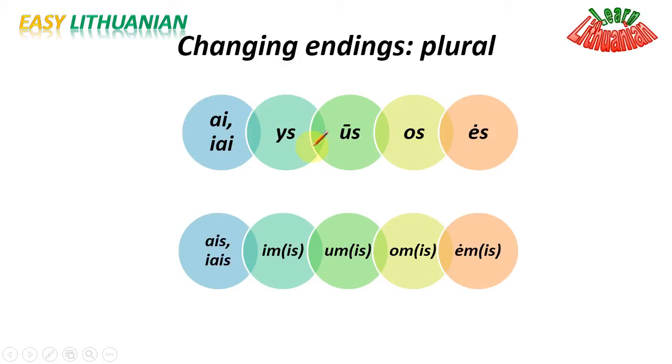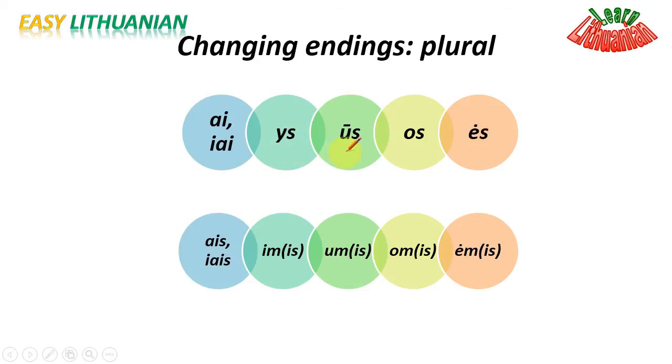Is changes to imis or im. So for example, stotys, stations, turns to stotimis or stotim. But those feminine nouns that have plural is are not very frequent, but there are some.